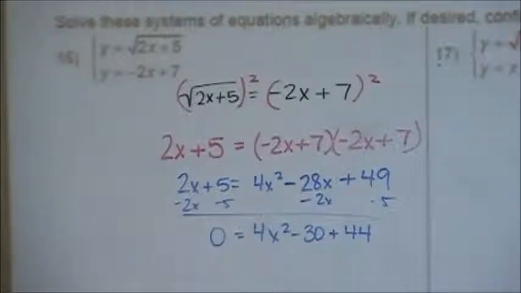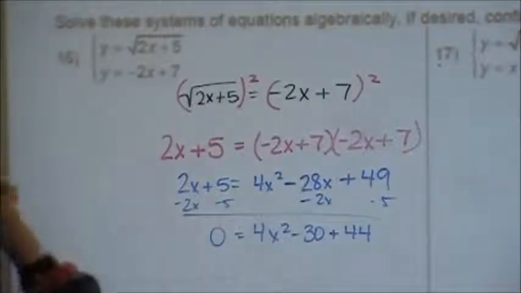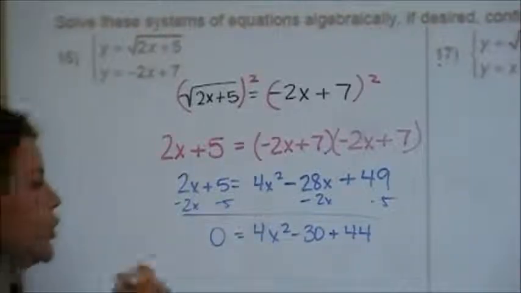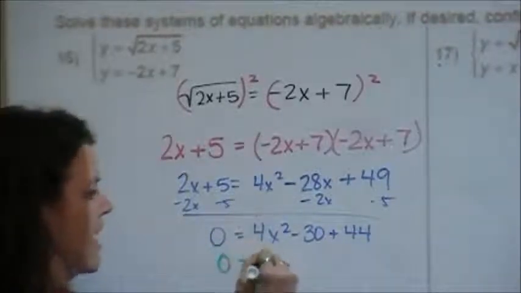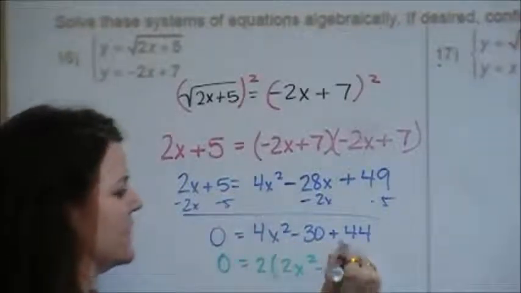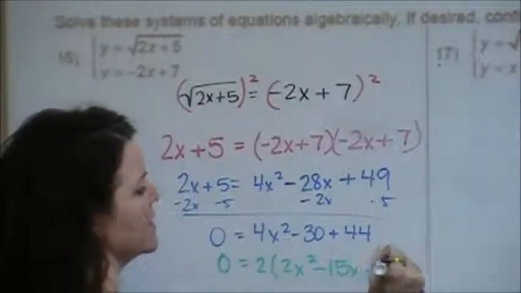Now, at this point, you could use the quadratic formula if you wanted to, but I think this factors, and I personally would rather factor, so I'm going to try and factor it. It has a GCF of 2, so I'm going to factor that out. That leaves me 2x squared minus 15x, sorry, plus 22.